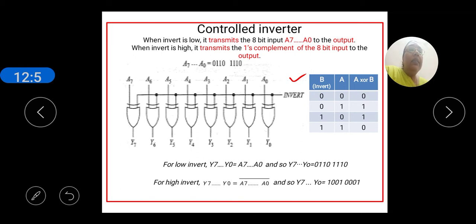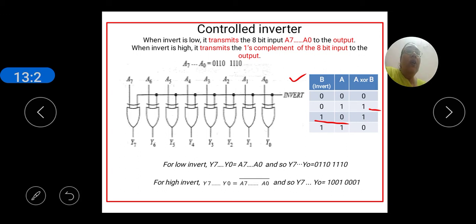When B is 0 and A is 1, that is when you have an odd number of ones, the output is high. So A exclusive OR B is high. The next case, when B is 1 and A is 0, again it is an odd number of input variables having 1, so the output is 1. The last one, when B is 1 and A is 1, the output is 0.